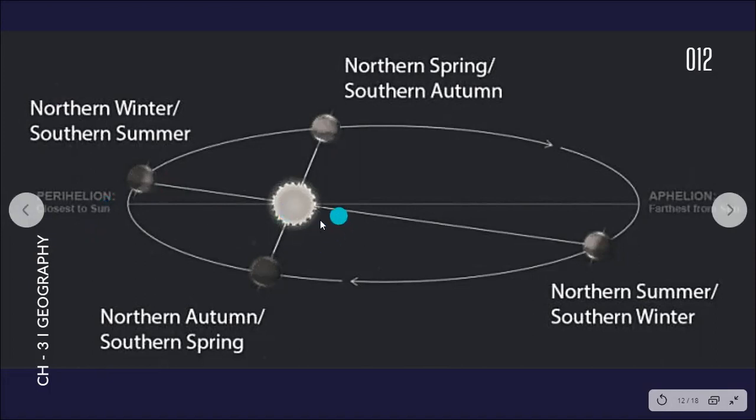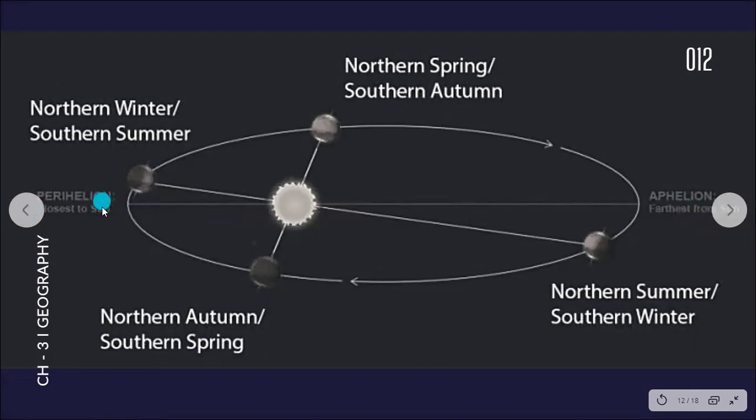And when the Earth is farthest from the Sun, when the Earth would be somewhere here, that is known as aphelion. Peri means near, and helios means sun, whereas ap means far away and helion means sun again. So when it's farthest from the sun, it is known as aphelion.